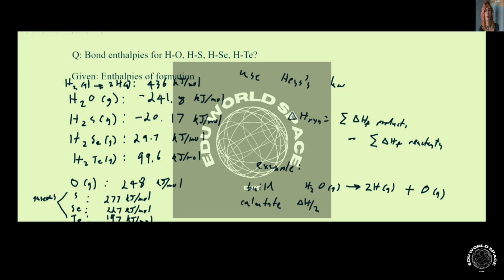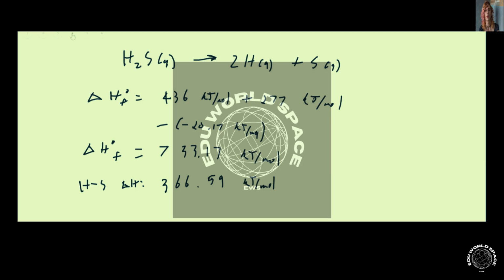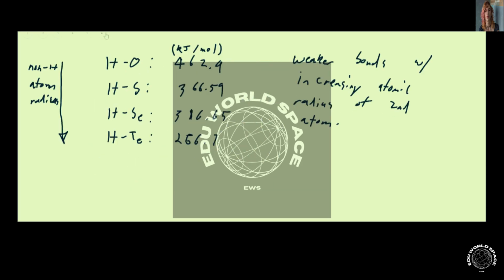So we used a Hess's law approach, using delta H of reaction as just the enthalpy of formation of the products minus the enthalpy of formation of the reactants. And we constructed all of these reactions and solved them using Hess's law and compiled a list.